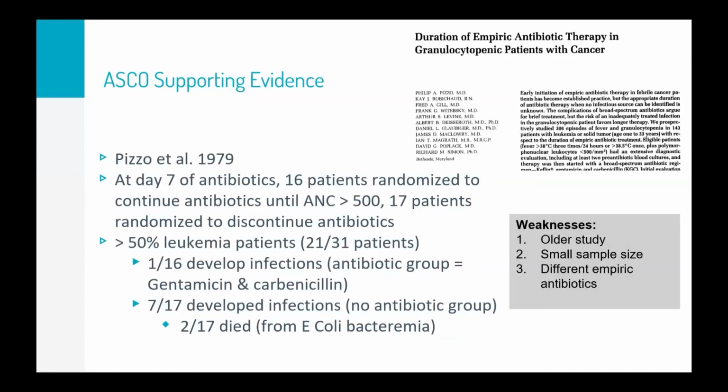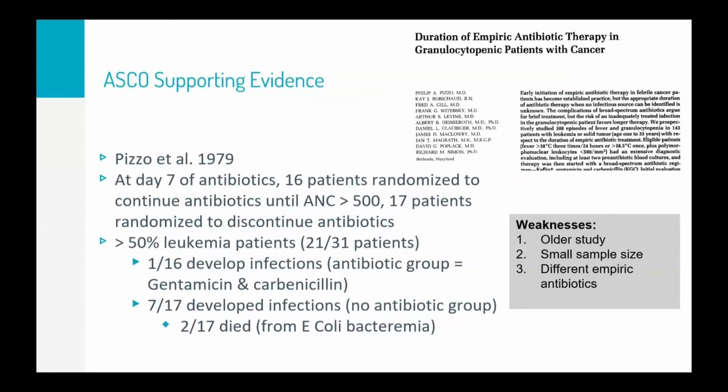The ASCO's supporting evidence for this duration is based on a study by Pizzo from 1979. This was the only randomized reference study to support their approach, listed by the guidelines, and there were only 33 patients total in the study. Half of them were randomized to continue antibiotics until ANC recovery, and the other half were randomized to discontinue antibiotics once stable.